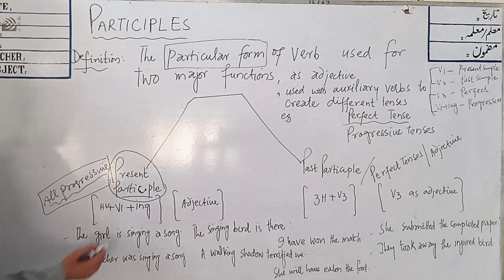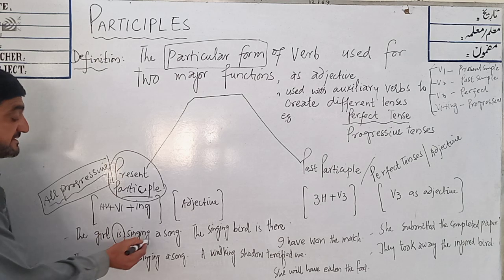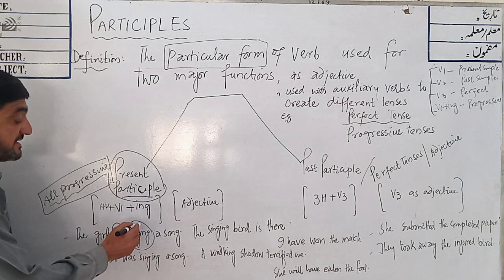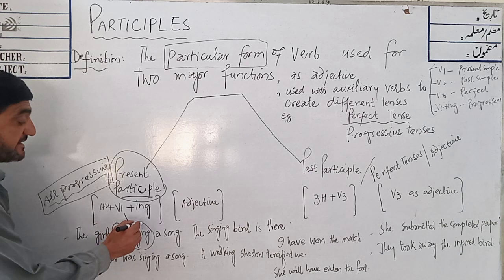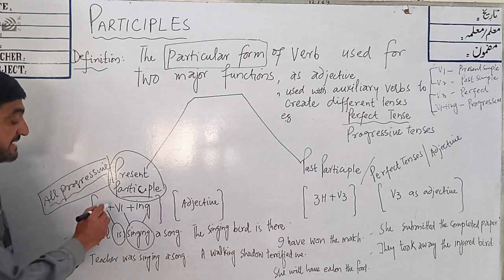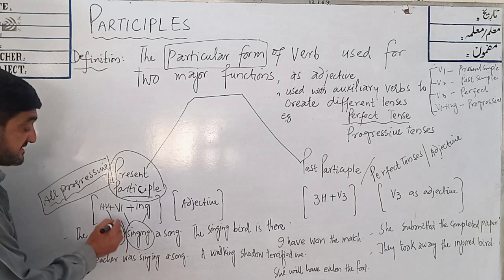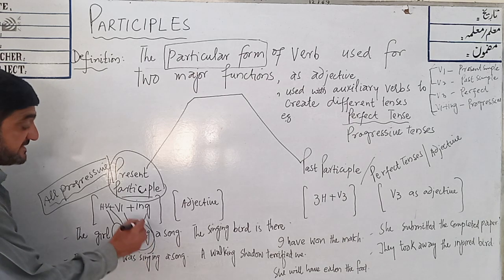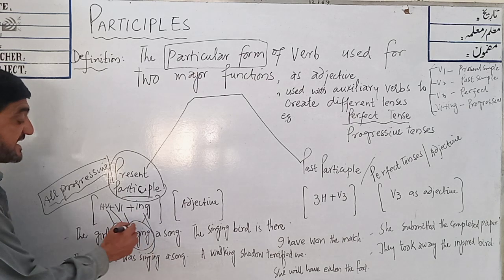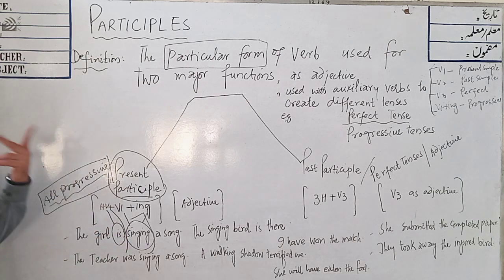Example, the girl is singing. So V1 ing with a helping verb. The girl is singing a song. It means we are dealing with present participle. The teacher was, helping verb, sing V1 plus ing. So the teacher was singing a song. It is known as present participle.